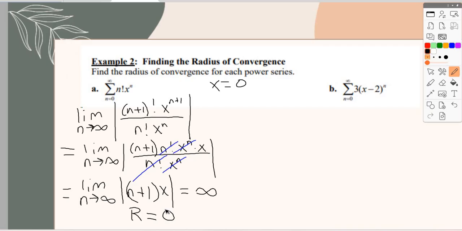So, next up, for this one, again, we're using our ratio test, so it's the limit as n goes to infinity of the absolute value. What's on top? 3 times x minus 2, to the n plus 1. Yes, remember our n plus 1 goes on top.